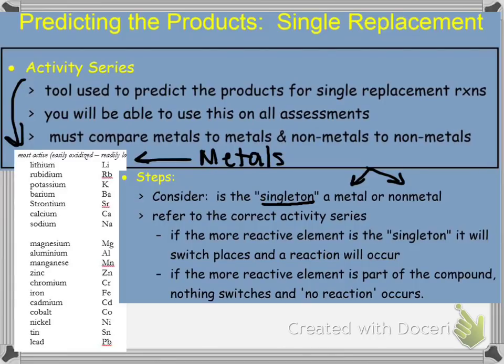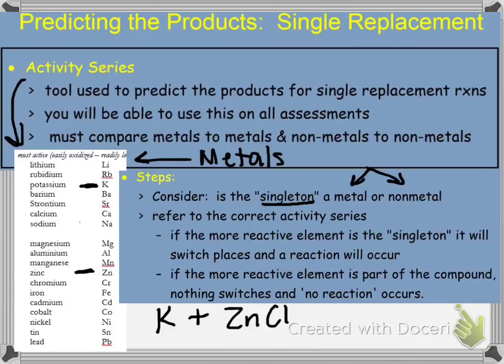So the way that this would work is that, let's say I was looking at trying to decide if potassium would switch with zinc chloride. So I find the potassium in the list. And then I find the zinc in the list. And what we see is in this case, potassium is higher on the list.